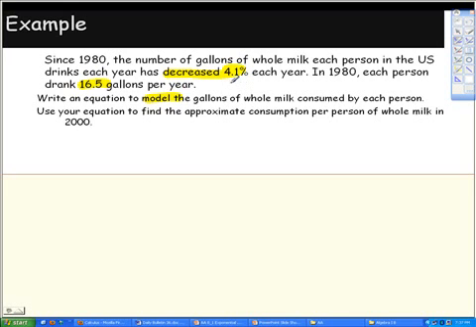If I start with 100%, I go down 4.1%, I've got left 95.9% of what I had. So my function is y is equal to my starting amount times my factor here, 0.959. That's the 95.9% that's left after the 4.1% decrease at the end of the year, and that's to the x power. So there's my function.